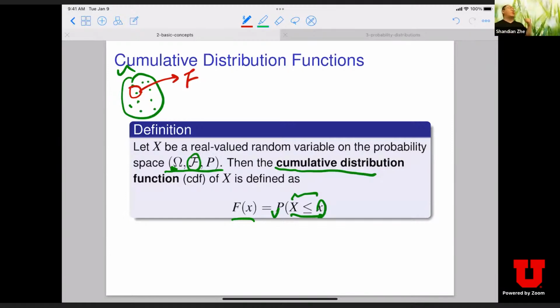But as we mentioned before, you cannot construct an arbitrary set of events in omega to construct F. If that were allowed, it would incur some paradox, right?